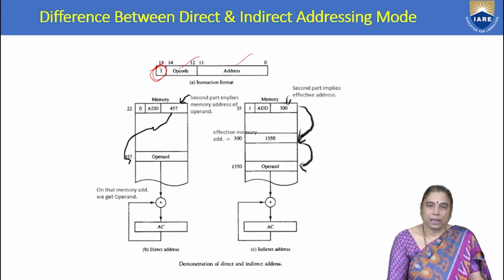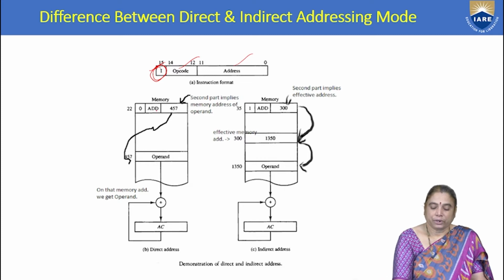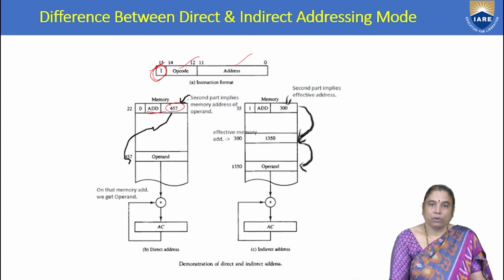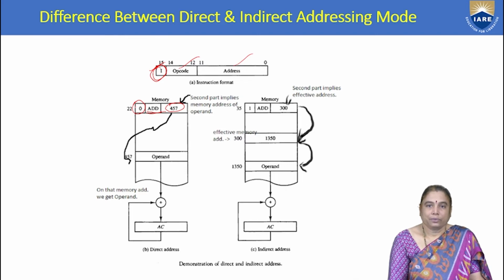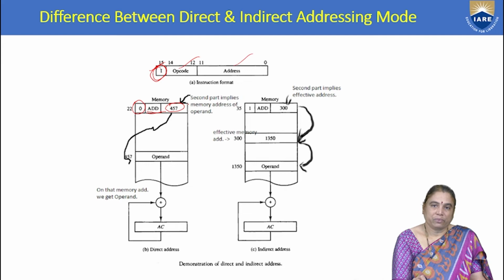Now consider an add instruction, and the address specified in the instruction is 457. In case the I value is 0, it is a direct addressing mode. So the address specified in the instruction itself is the effective address of the operand.